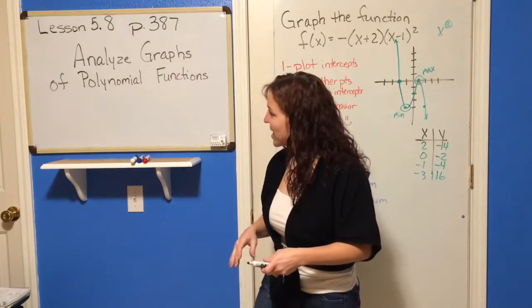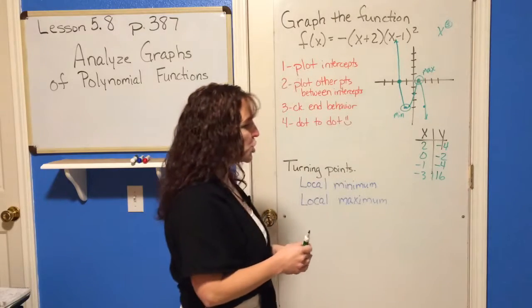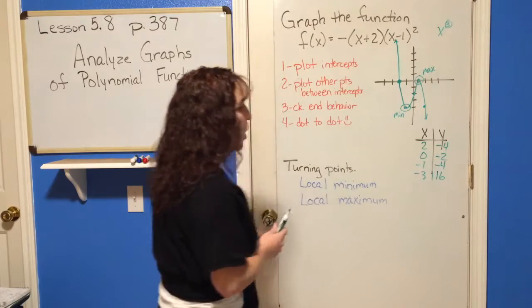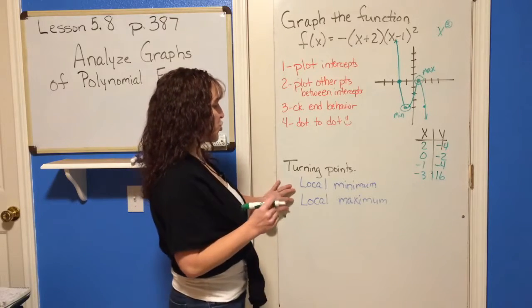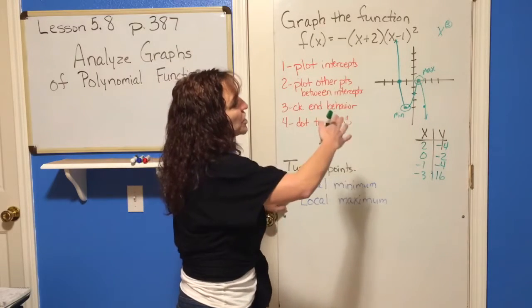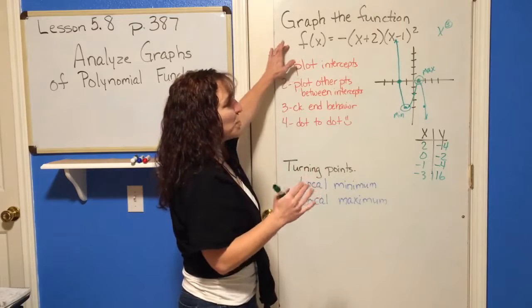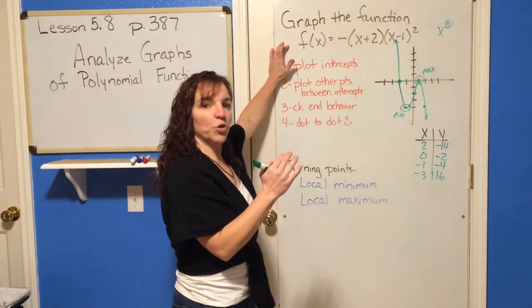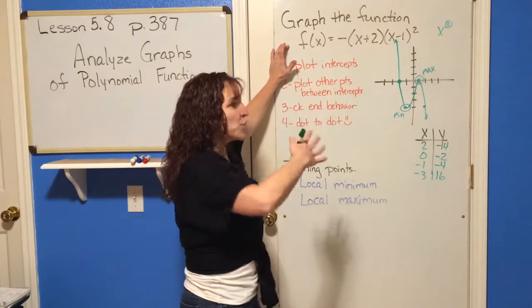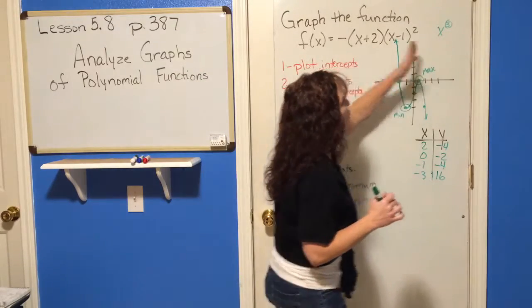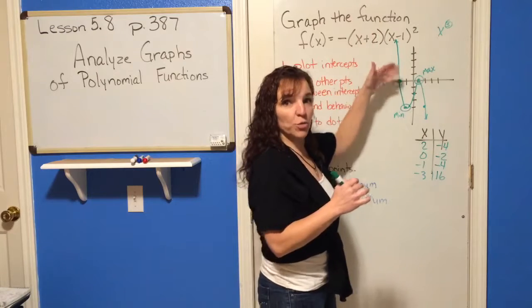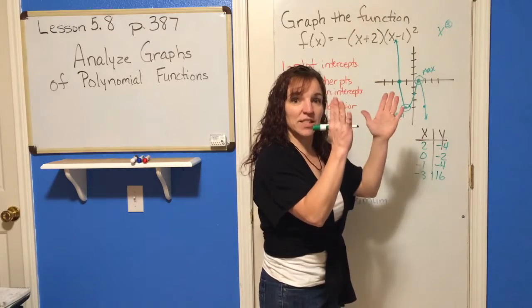All right, the next thing that we will want to do, hang on. First, I also need to tell you though, with those turning points, depending on the degree of your graph, that will determine how many turning points. Remember, if we have an even degree, then whatever direction you start, you're going to end the same way.